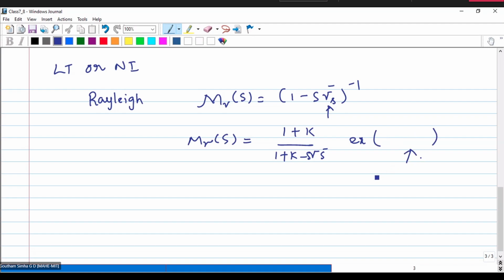Okay, that is a little hard to find out. Let's not worry about Rayleigh now, because Rayleigh has some severity in calculating because of some difficulty in finding out that MGF based approach.